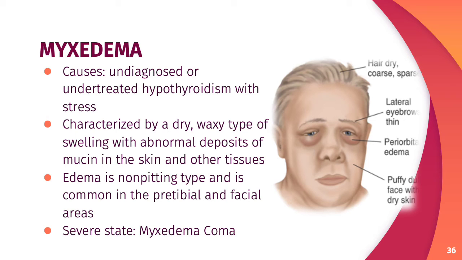The severe state of myxedema is myxedema coma, which is a life-threatening complication of untreated hypothyroidism. It can be precipitated by infections, exposure to cold, certain medications like opioids, tranquilizers, or barbiturates, or trauma.